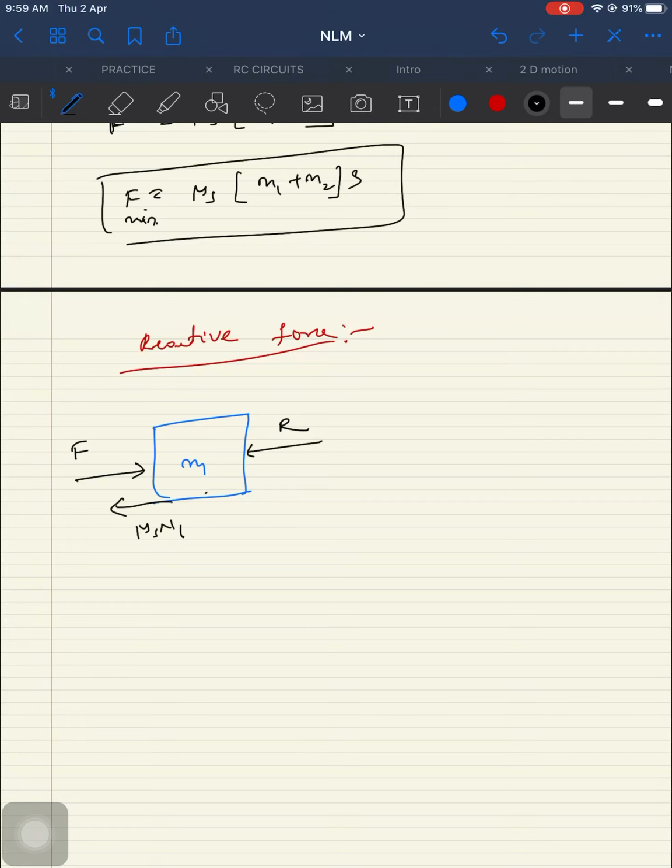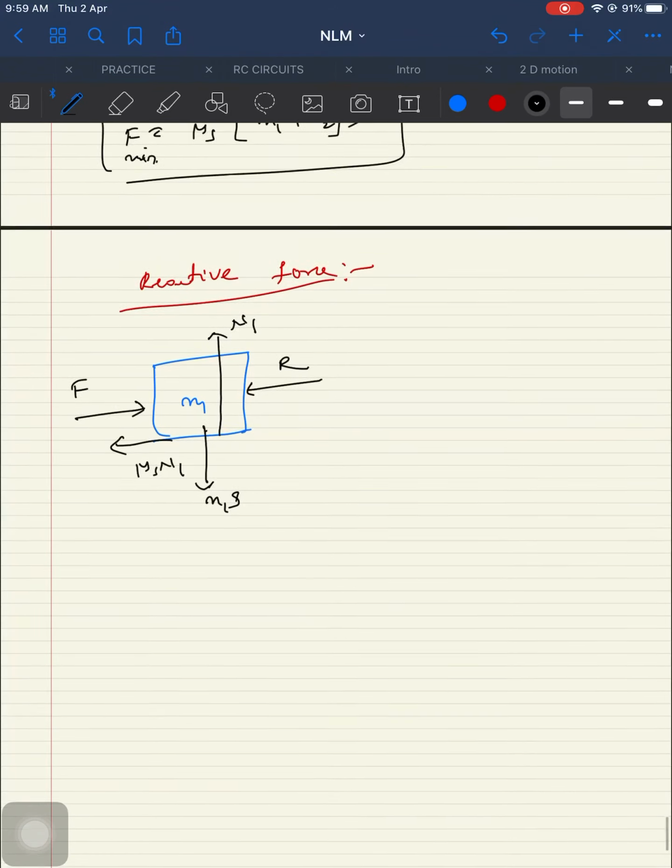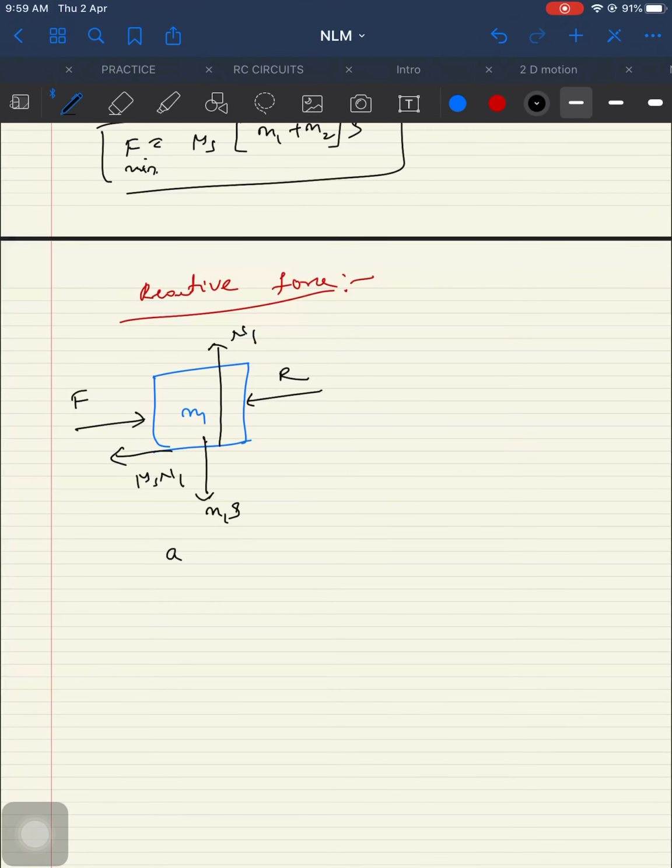The normal n1 is in the upward direction and m1g is in the downward direction, and acceleration is 0. So for the equation, right side force must be equal to left side force. The right side force is F, and the left side forces are R plus mu s into n1.